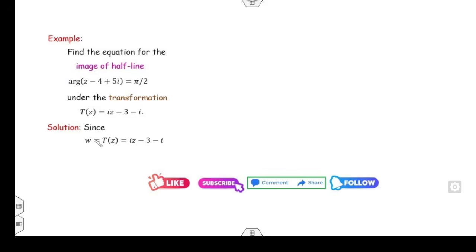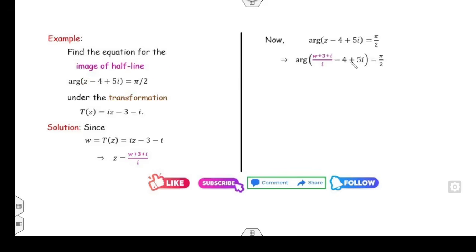I can start with W, because in equation number 1 my target is to find the value of Z. Can you find the value of Z from this equation? It will be W plus 3 plus iota is equal to iota Z. That implies Z is W plus 3 plus iota divided by iota. I can substitute the value of Z in equation number 1. So that implies this condition.